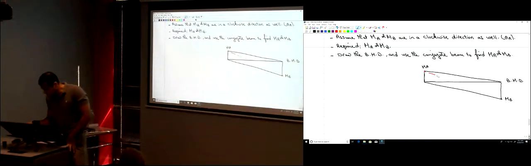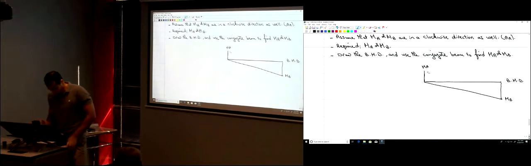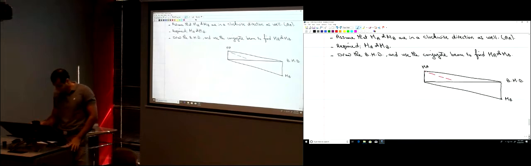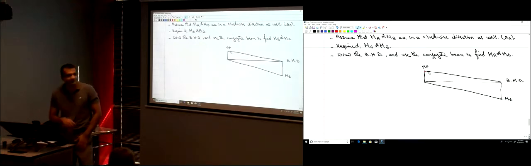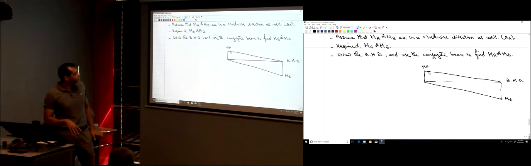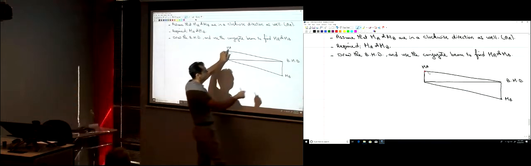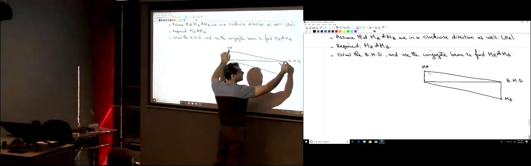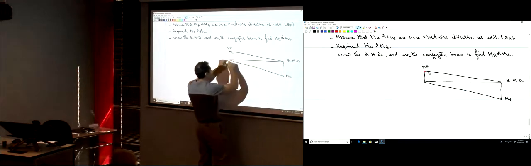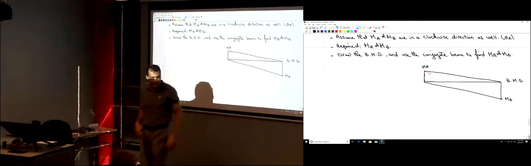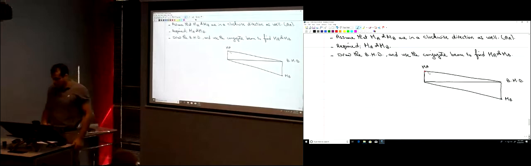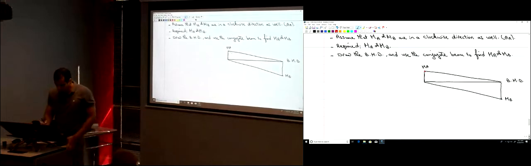They are equivalent to each other. So this is equivalent to just connecting this point to this point. Because here you have MA minus 0. And here you have MA minus 0. So adding them together, it's the same. Okay? So now this is the bending moment diagram.